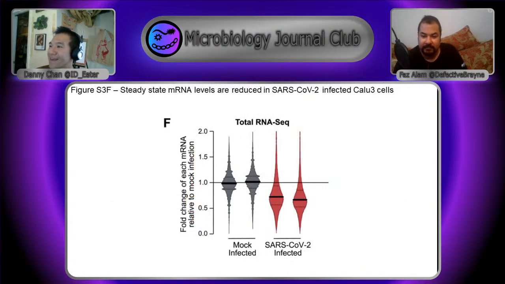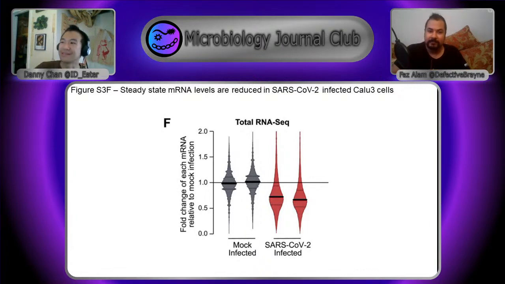Okay, and then, oh, I see. In S3F, they're looking at just overall mRNA levels, right? How are they affected upon infection? And they're down. And I think this is supposed to be consistent with the idea that there's less splicing, because RNA that isn't spliced is defective, and so it would be targeted for degradation by the cells.